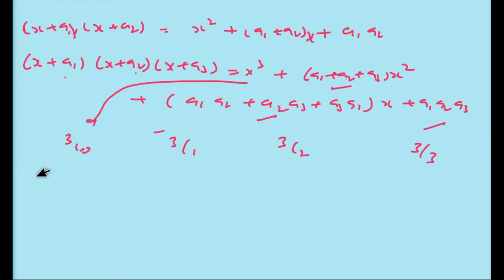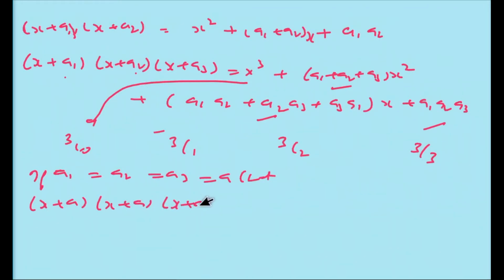Now let us say a1 equal to a2 equal to a3 equal to a, then what happens here? We get (x plus a), (x plus a), (x plus a), which we can write as (x plus a) whole cube on the LHS.